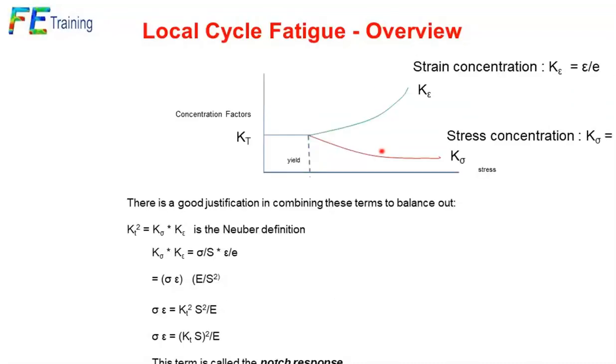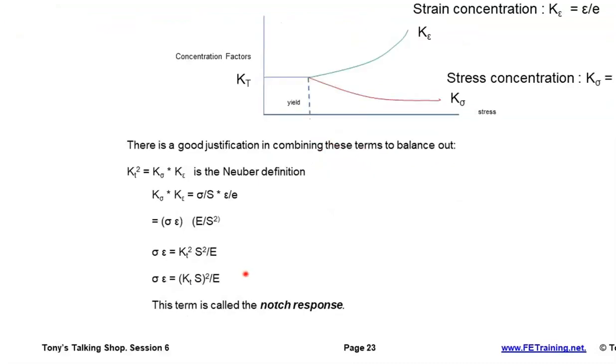So he combined them together, and I won't go through the equations there. You can actually derive the equations. But basically, the work done on one side, stress times strain, our local response, is equal to our global applied load, which is our nominal stress times the stress concentration. That's our elastic stress at that region. And then the local plastic stress there is related in this way. And there's the Young's modulus there.